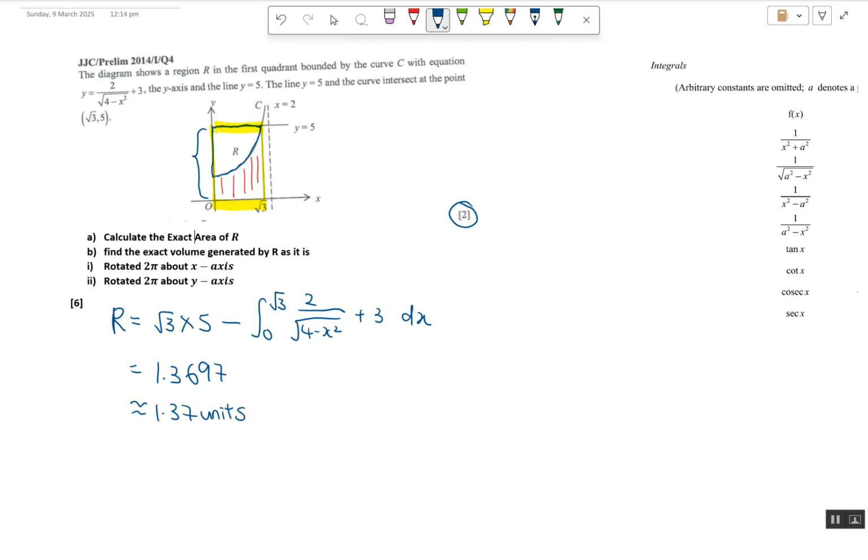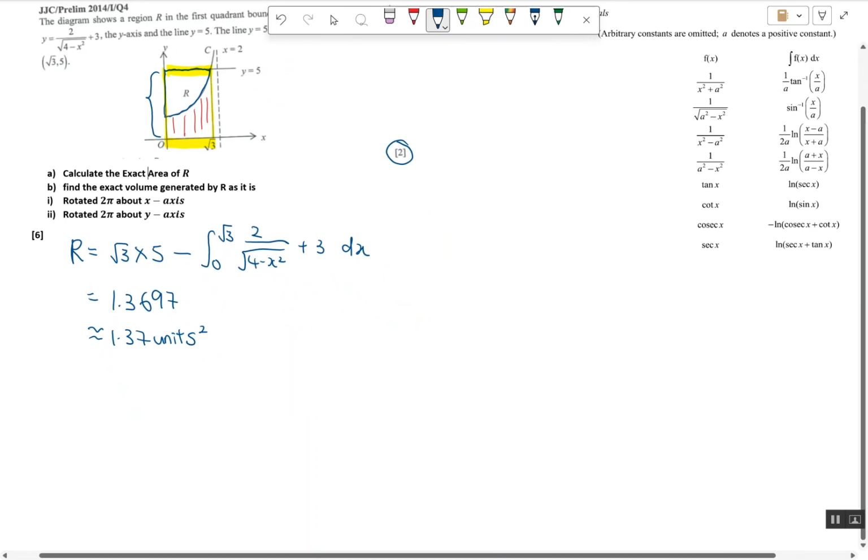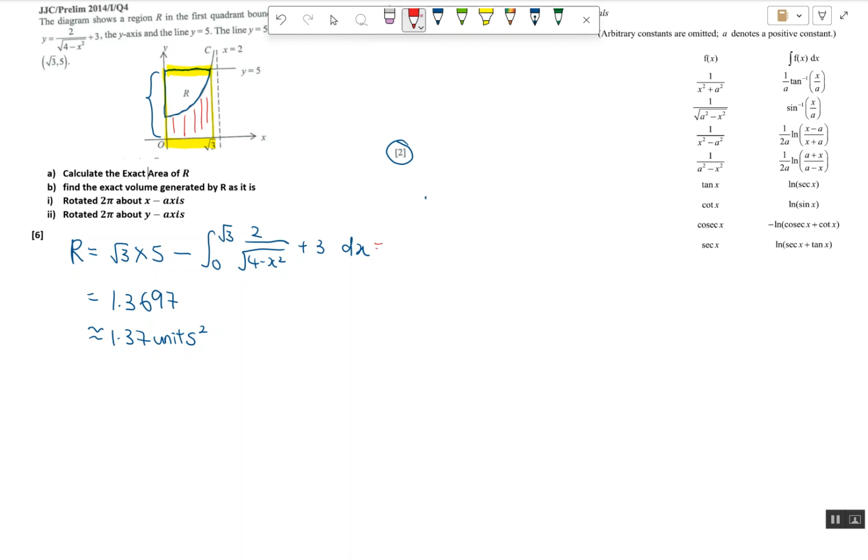Okay, but if the question asks you to put it in exact form, then this is the way to do it. This would be 5 root 3. Okay, I'm going to use red, and the working will be over here. 5 root 3 minus, take out the 2, integrate 1 over square root, this is 2 squared minus x squared, plus 3 dx, with a definite integral of root 3 and 0.